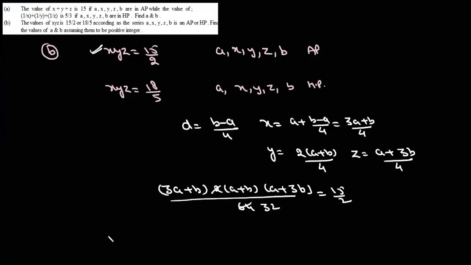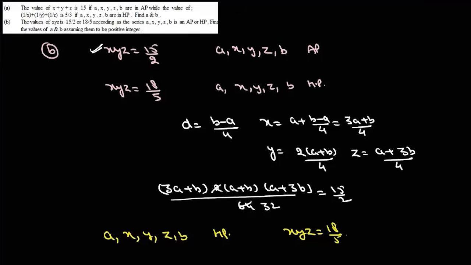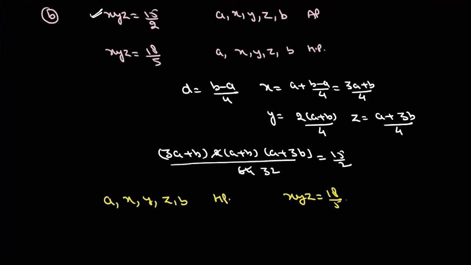Now it says if A, X, Y, Z and B are in HP, then X into Y into Z is 18 by 5. Now if A, X, Y, Z and B are in HP, then 1 upon A, 1 upon X, 1 upon Y and 1 upon Z will be in AP.